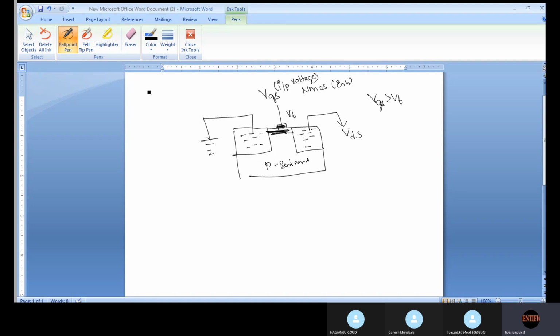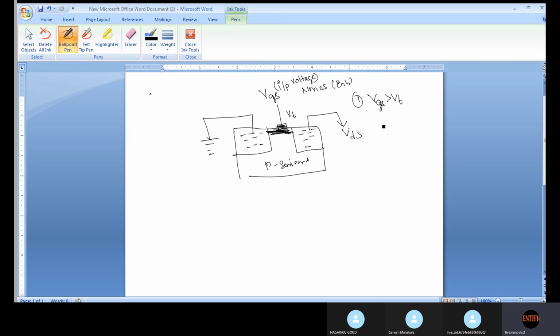Even with a silicon diode, once the voltage reaches the 0.7 cut-in voltage, only then the diode will start conducting. Here also there is a threshold voltage. It may be anything depending upon the size of the semiconductor. The channel will be formed only when VGS is greater than VT. This is the first condition.